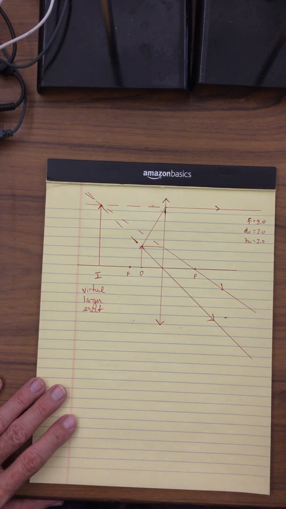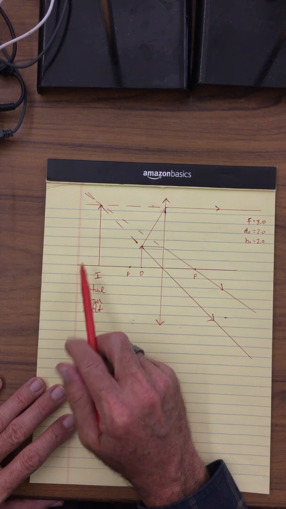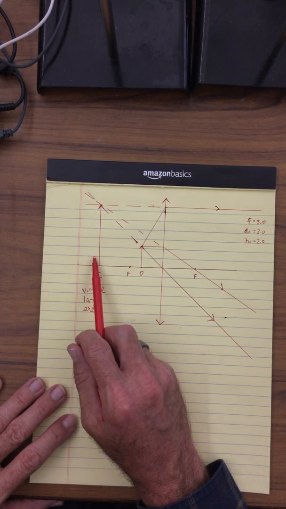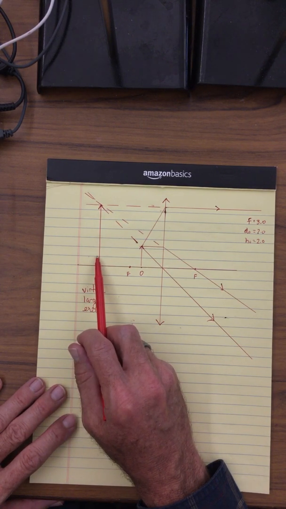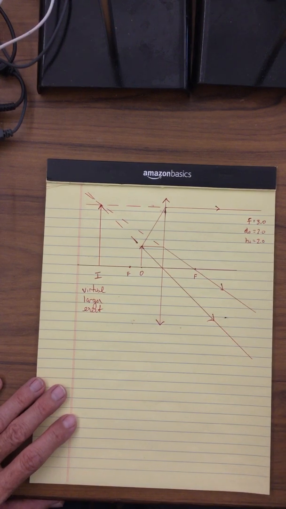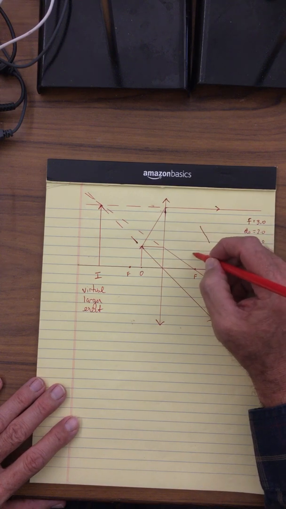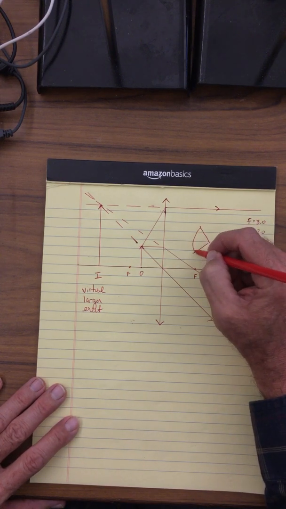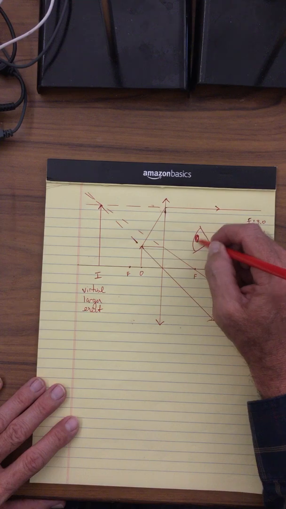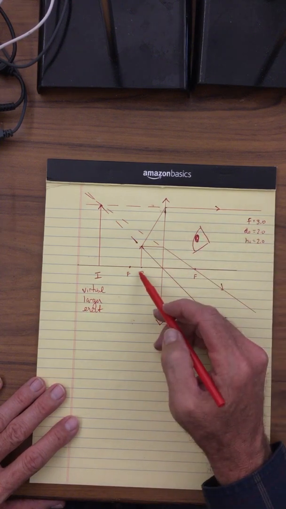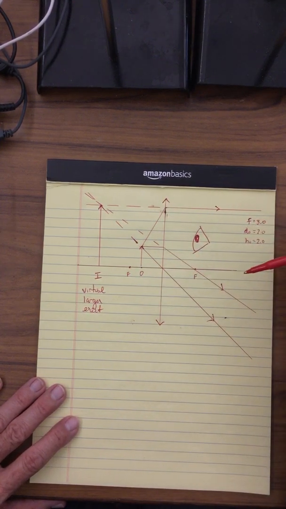Well, what functionality would this be, to have your image appear larger on the same side of the object? Well, if you're looking from the other side, you can draw a giant eye like this. Here's your eyeball. Looking at your object through this convex lens, what are you going to see?